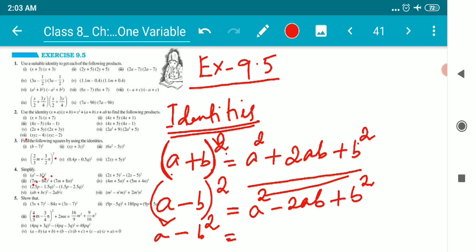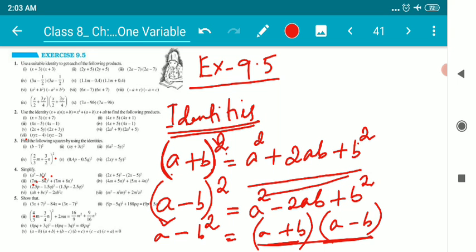The identity is (a plus b) into (a minus b). That is, wherever we see (a plus b) into (a minus b), we can replace it by a square minus b square, or wherever we find a square minus b square, we can simply replace it with (a plus b) into (a minus b).